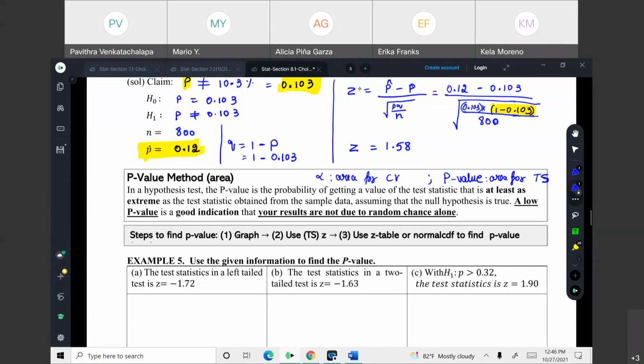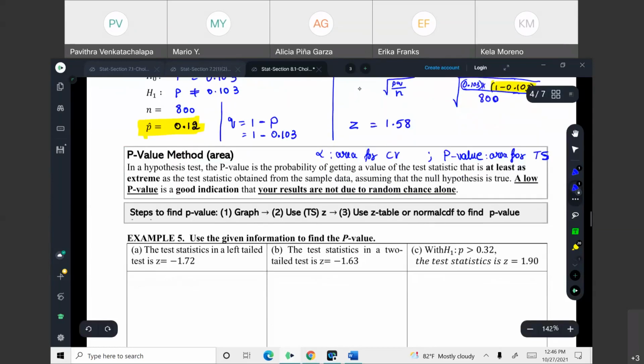If you have a critical region, then that area is denoted by alpha. If you have a z-score from a test statistic, then that area is called the p-value. That area will give you the p-value. So p is nothing but the probability.